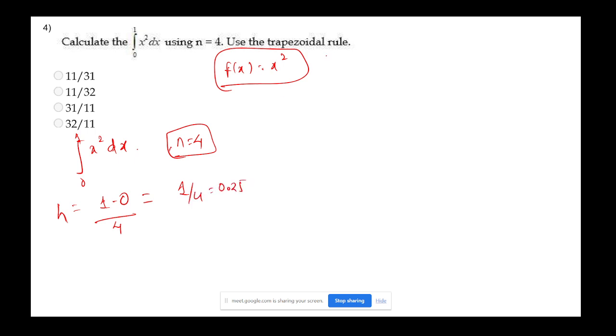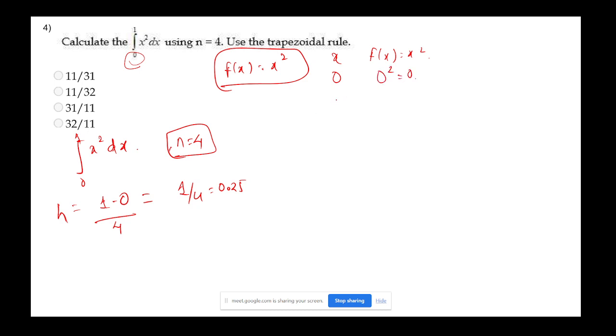So how will you prepare the table? For each x, you need to find x and f(x) equals x square. How will you do the increment of x? You start from the initial value 0. So this is 0, and 0 square is 0.